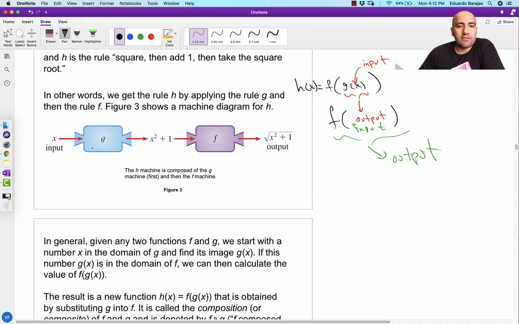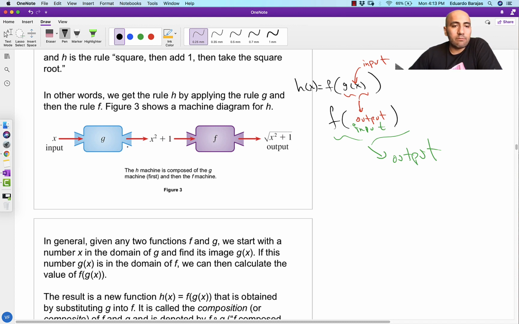This diagram describes that. The input comes in, some x input value in the domain of g, and then whatever operations the g does. The g could square and add 1, it could take the cube root, divide by 7, whatever the g function is defined to be. In this case, it squares it and adds 1, so that's the output of the g function. Then that output becomes the input of the f function, and we apply whatever definition the f does. In this case, it takes the square root, but it could do anything else as defined by the f function. And so here is our output.